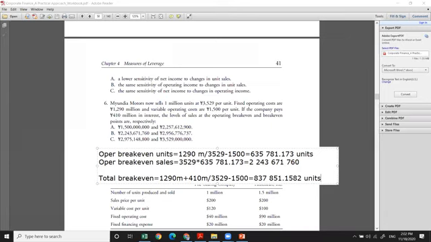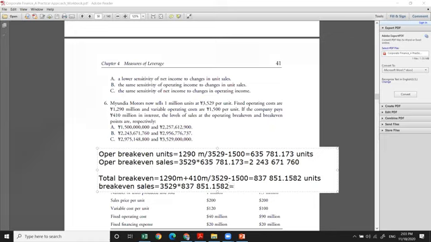But this is my break-even point, and my break-even sales need to be converted. So 3,529 times 837, 851, 2.